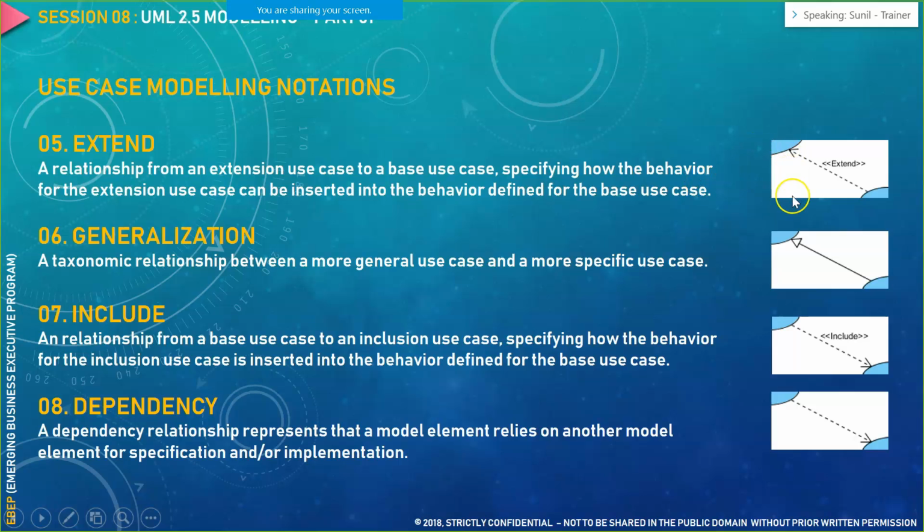Okay, so that is extension. Then comes generalization. It's a relationship between a more general use case and a more specific use case. For example, if I have a particular payment method, the payment method could be Visa, MasterCard, or Amex. So I'm generalizing a particular payment method, taking all different kinds of payment gateways into consideration.